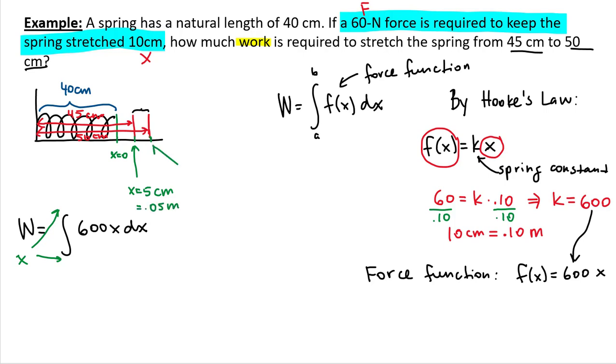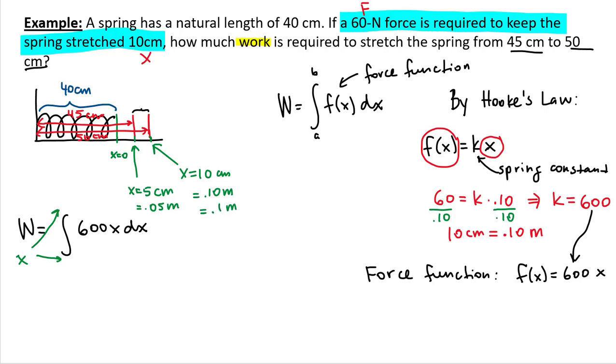And what is the x value at this position? That's where we stretch the spring to 50 centimeters, right? If x equals 0 at 40 centimeters, then what is x at 50 centimeters? That's x equals 10 centimeters. Once again, I'm going to convert that to meters, so it's 0.10 meters, or 0.1.